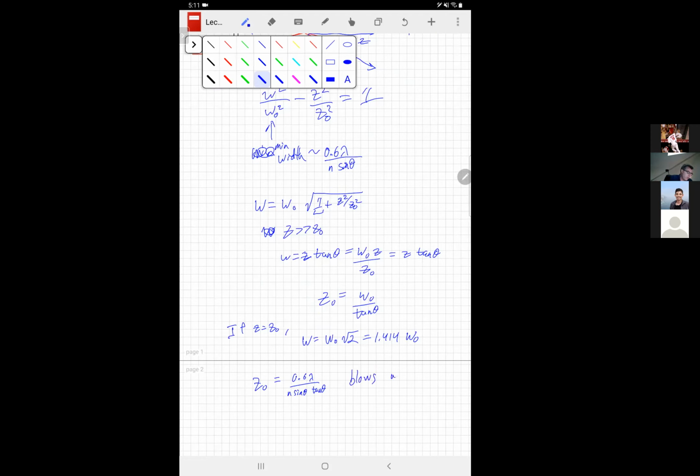This blows up for small theta, right? If you have a paraxial beam, then you can go quite a long distance from focus before the beam has spread out all that much. Any questions on this?